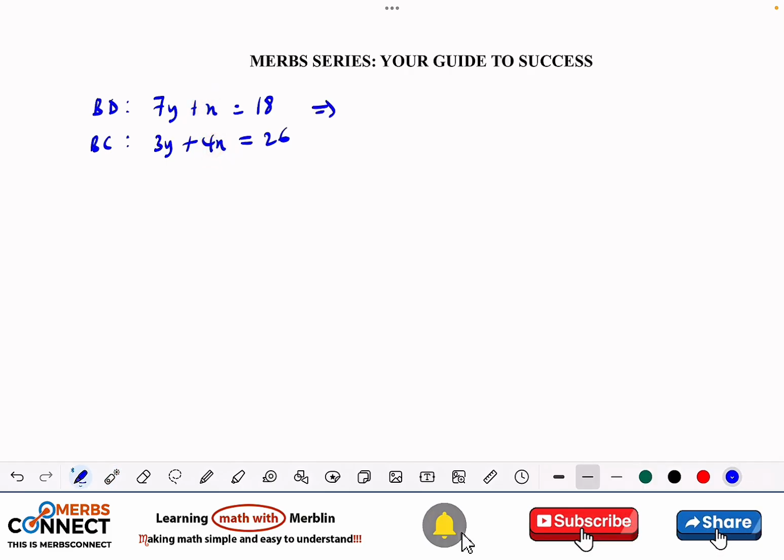So multiply this by 4, this will give us, 4 times 7 is going to be 28, plus 4x is equal to, now 4 times 18, 8 times 4 is 32, is that right? Yes. So this is going to give us 72. Good. Then let me rewrite this one again. 3y plus 4x is equal to 26. So let's do the subtraction.